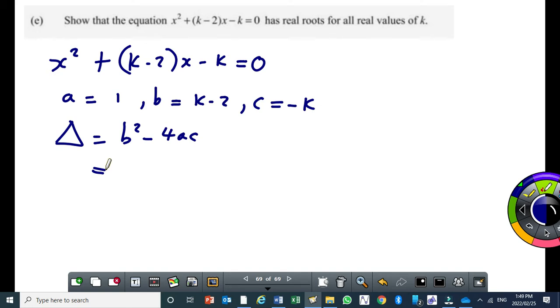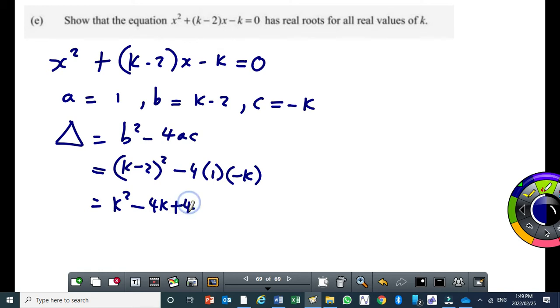Calculating delta first. So then from here, we'll get B squared, that will be k minus 2 squared, right? Minus 4 times 1 times minus k. So this will give me k squared minus 4k plus 4 plus 4k.